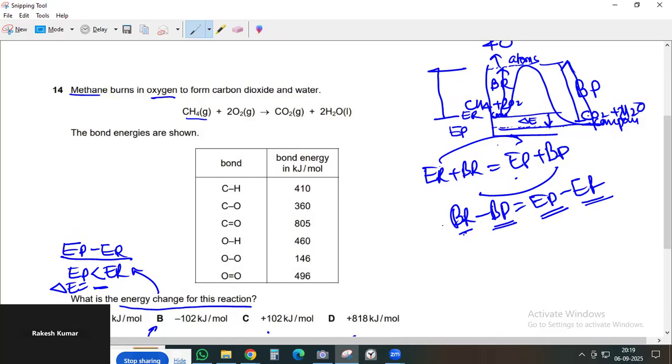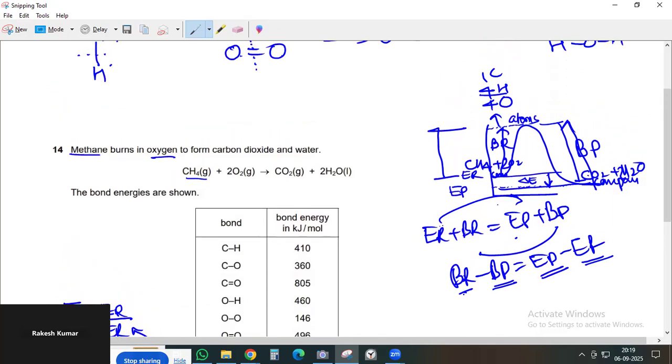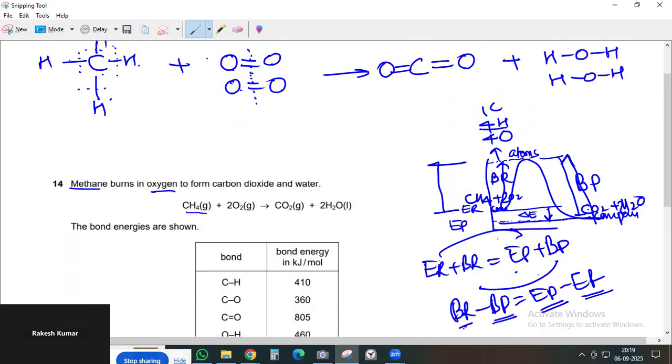So now the question starts. There's a theory behind it. I have to find how many bonds I am breaking on the reactant side. I am breaking 4 CH bonds, 1, 2, 3, 4, and I am also breaking 2 O double bond O bonds.